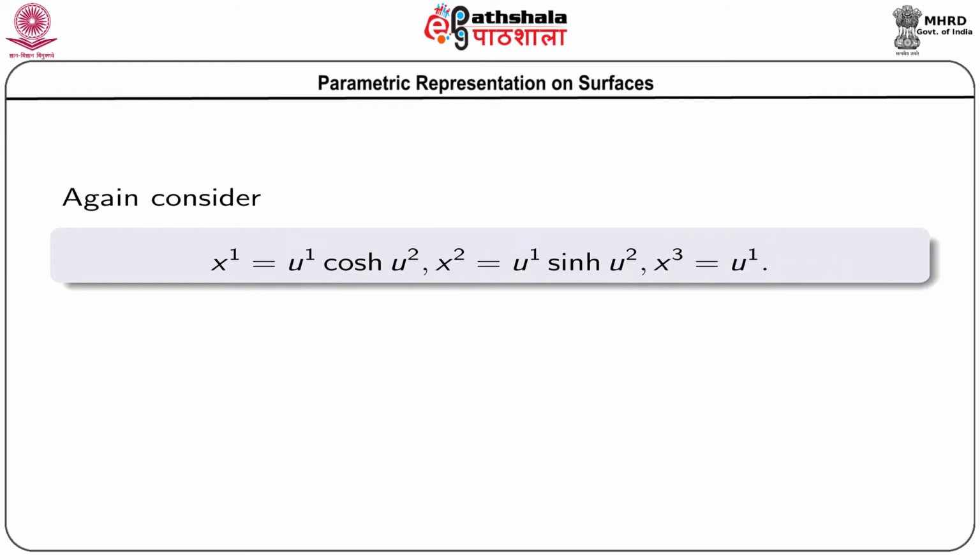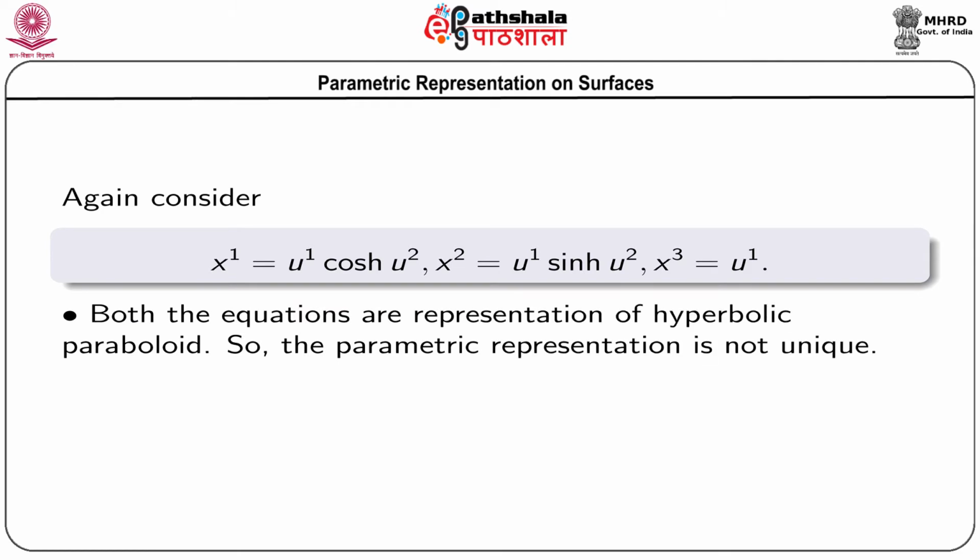And again, if x1 is considered as U1 cosh U2, x2 equal to U1 sinh U2 and x3 equal to U1 square, then both the equations are representations of a hyperbolic paraboloid. So, the parametric representation is not unique, because we have just seen that a hyperbolic paraboloid is represented by 2 different parametric equations.